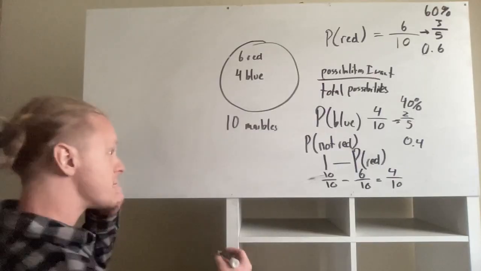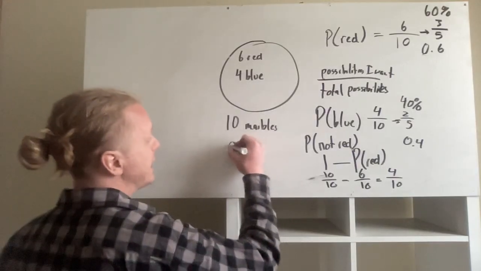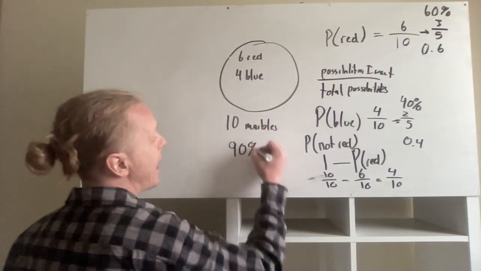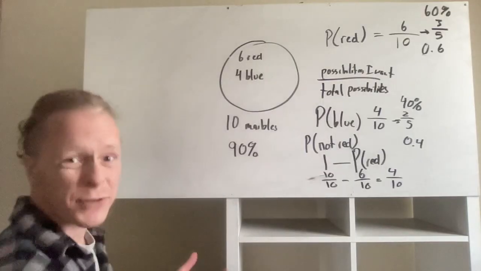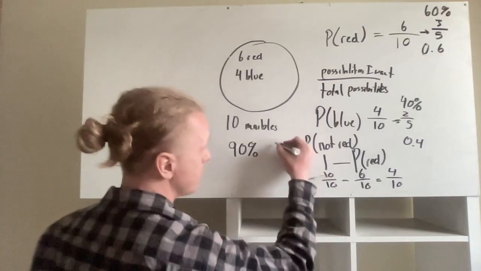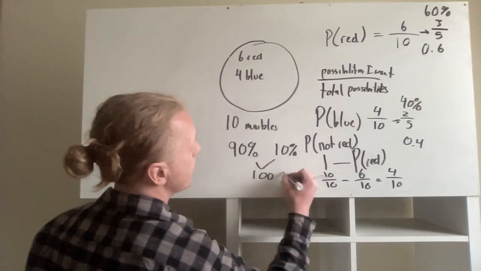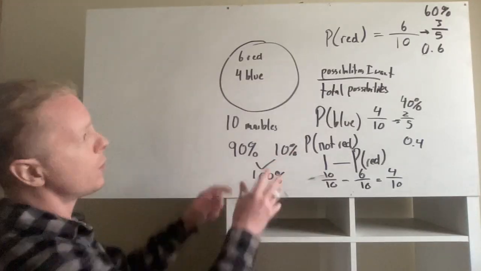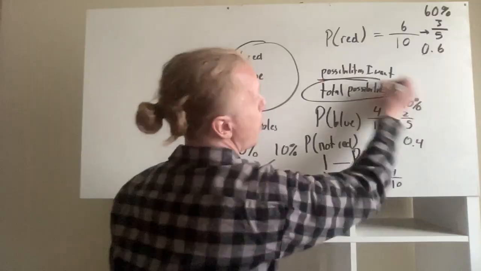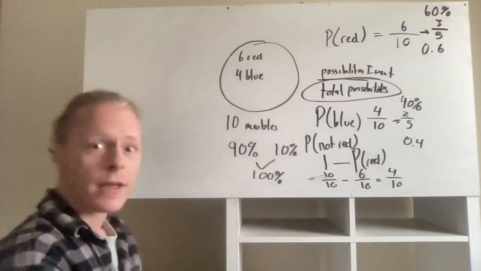Another way to think about this, let's say I have a 90% chance for something to happen. Well, what's the percent chance that it's not going to happen? 10%. Together, they make 100% because when we have all the total possibilities together, that's going to give us 100%.